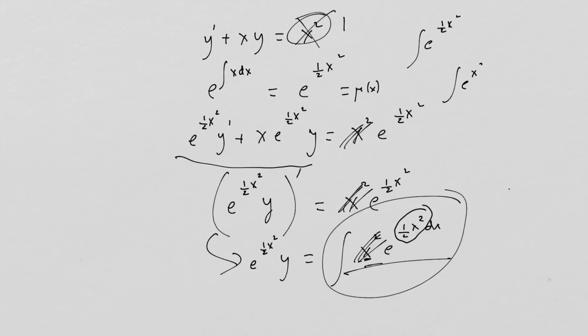This is not easy. This one, don't worry about the half yet. This can turn out to be this, actually. Sorry, dx. It's a double integration. It's not easy, but it's doable.